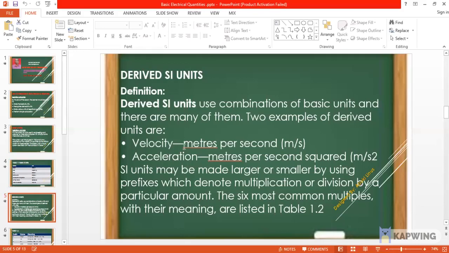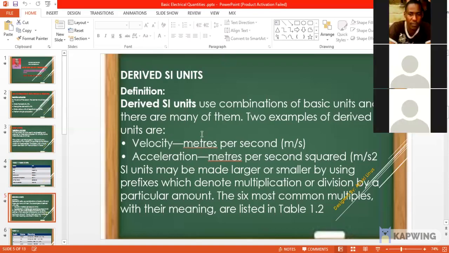I think we have length and time. Yeah, length is given as meters, and we also have time, because velocity is given as meter per second, that is distance divided by time.